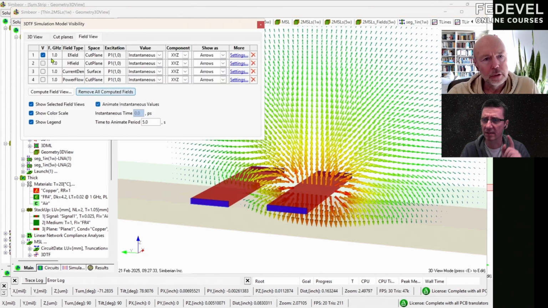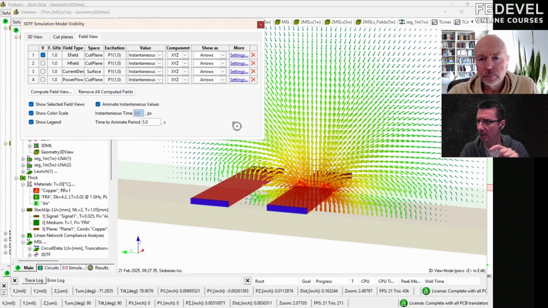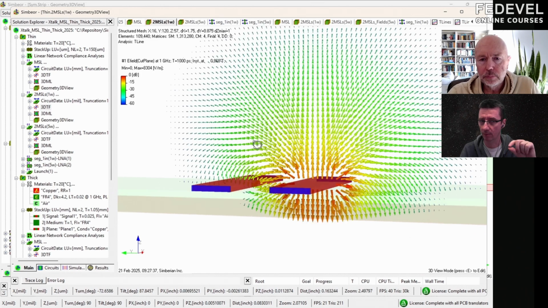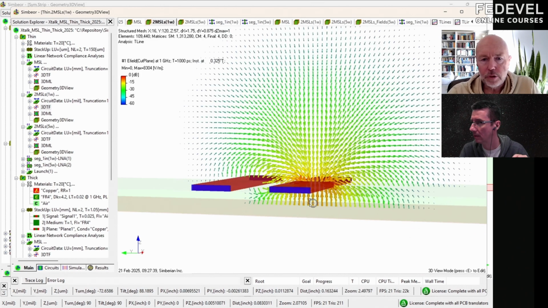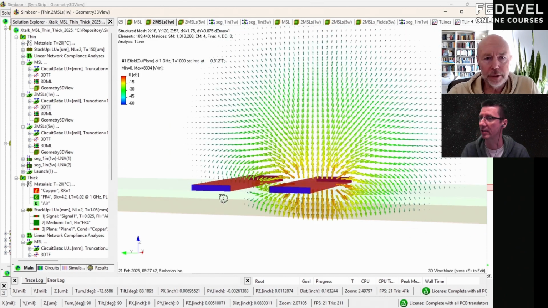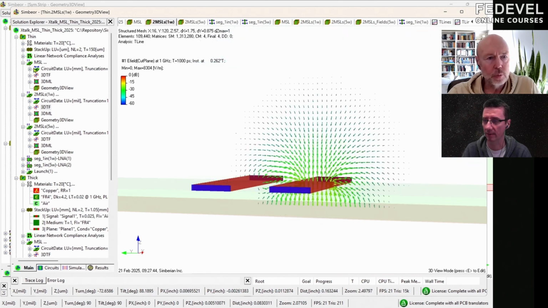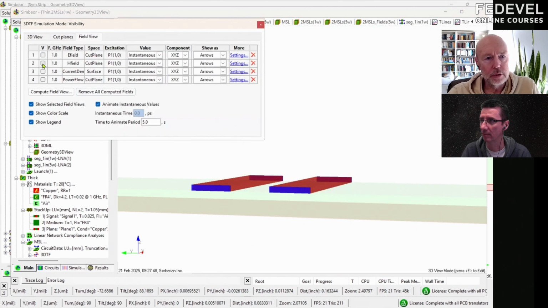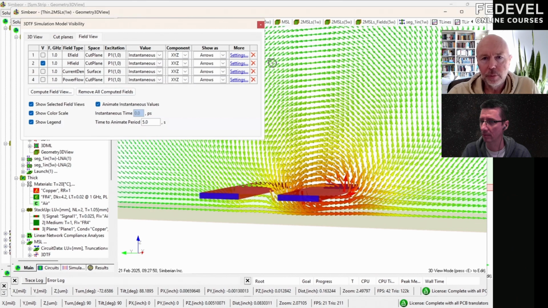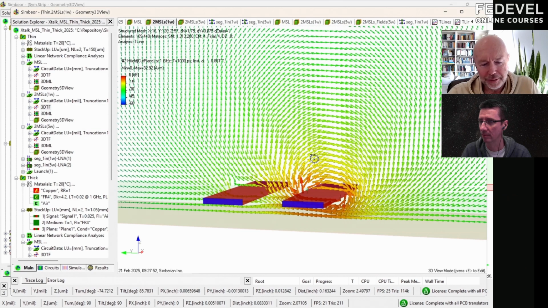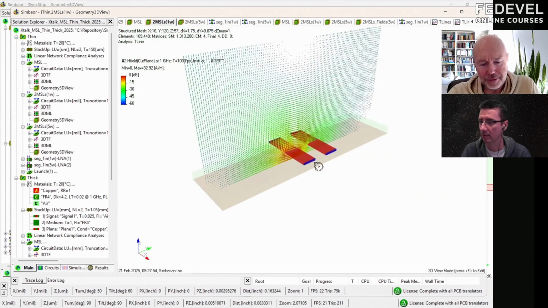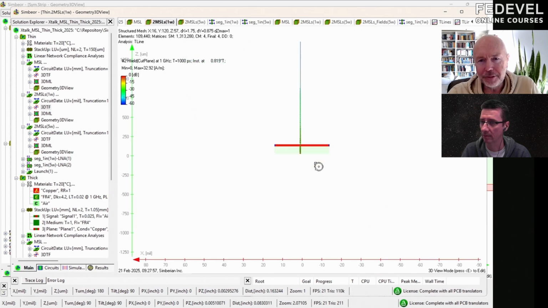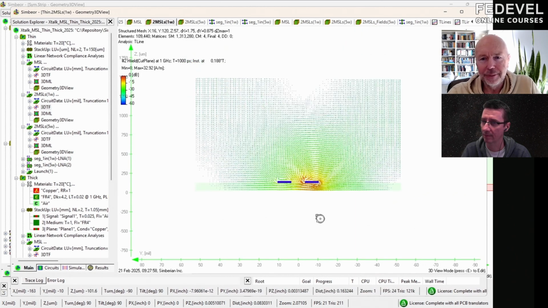We can take a look. Which example? The one with the thick dielectric or with the small one? This is with the small one, the thin dielectric, 0.1, or 4 mils. Okay. And we can take a look at the magnetic fields, which is also amazing. Magnetic fields, you can see they spread all around.